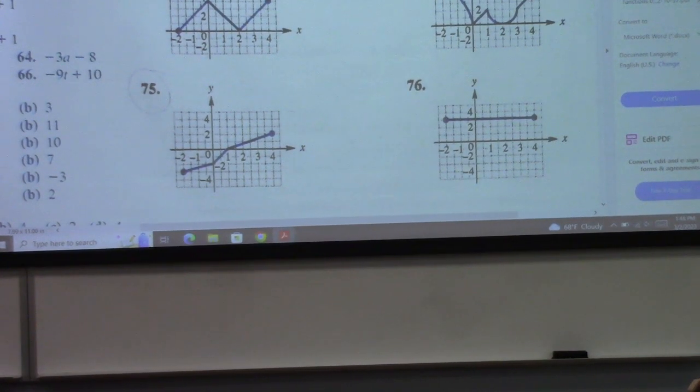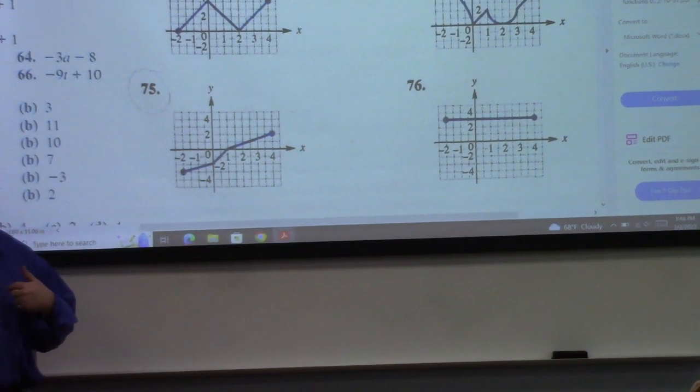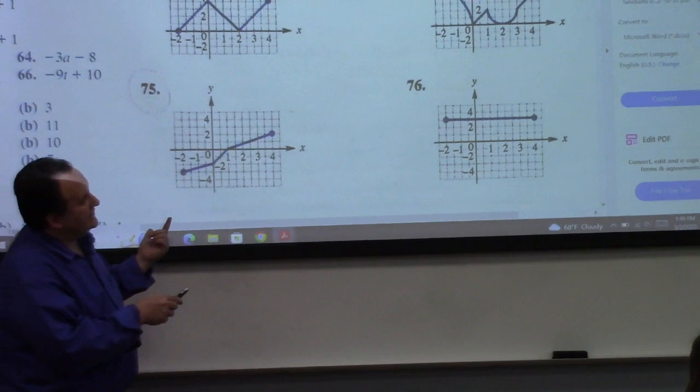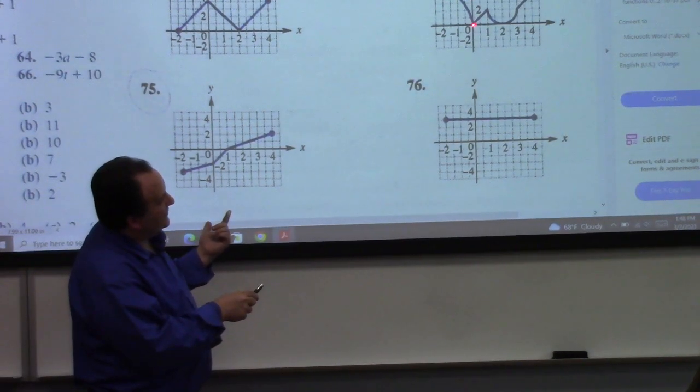The other thing I haven't mentioned yet today is not a hard thing, but I think you guys will get it. We can talk about functions increasing and decreasing, right? Like this first example, it's increasing from minus 2 to 0, then decreasing from 0 to 2, and then increasing from 2 to 4. This one over here is increasing everywhere. This one is decreasing at the start all the way till it gets to the origin.